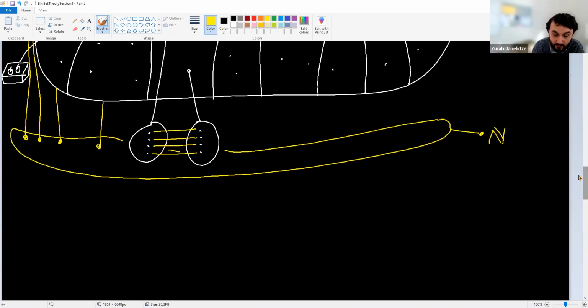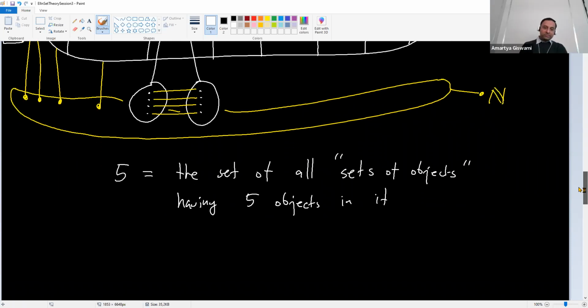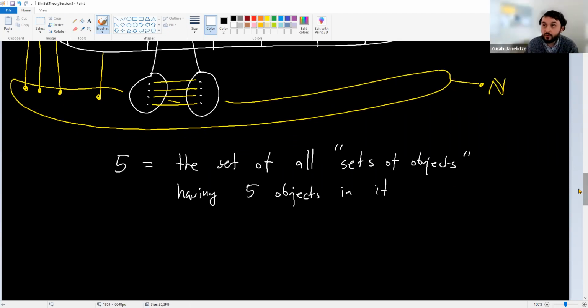So with this approach, we define, let's say, the number 5 to be the set of all sets of objects having 5 objects in it. So a number becomes a set.